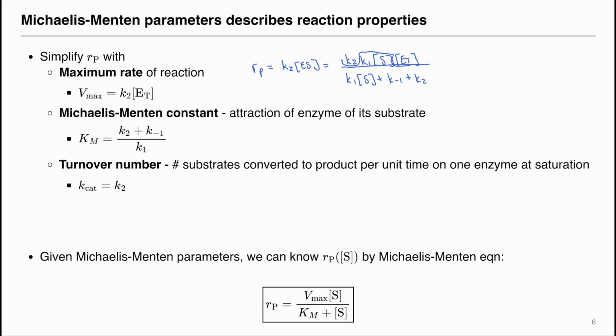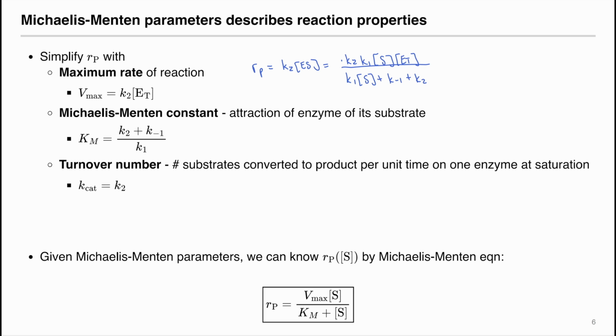We have this term together is the maximum rate. We can also introduce the Michaelis-Menten constant that collects all of the reaction rate constants together, and they collectively define the attraction of an enzyme to its substrate.